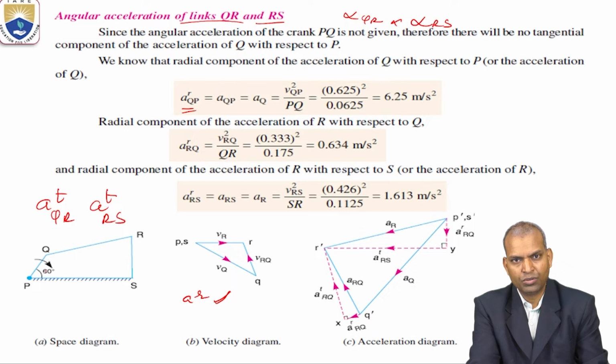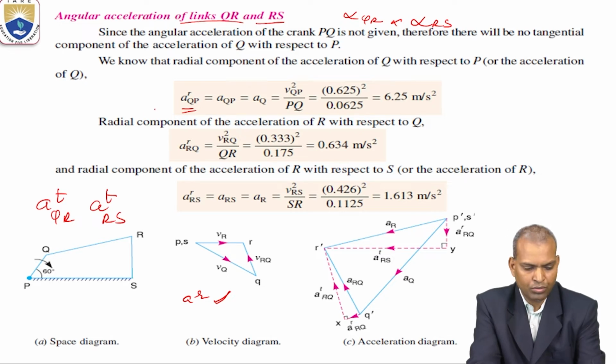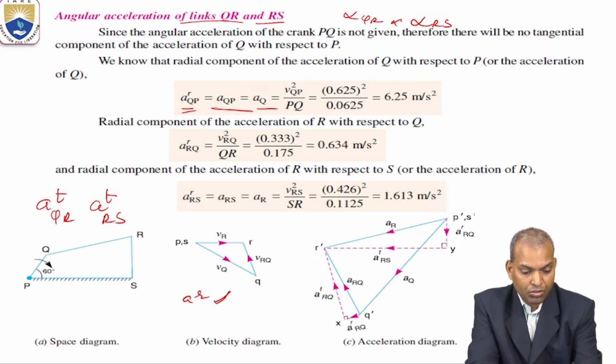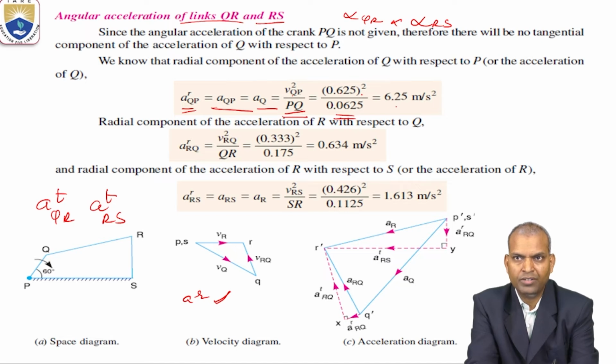Tangential acceleration is zero. Then the total acceleration of the link QP equal to radial acceleration. That is AQP equal to AQ equal to V square QP by PQ. What is VQP? The V value 0.625 whole square by PQ 0.0625. That is 6.25 meter per second square.